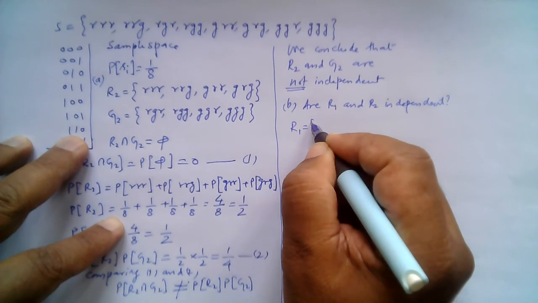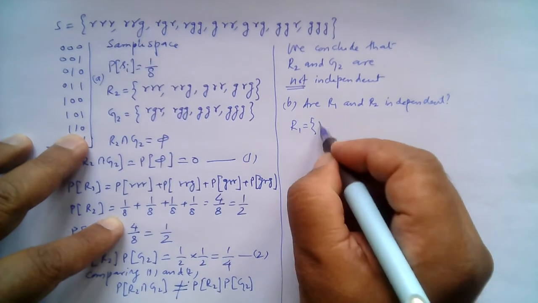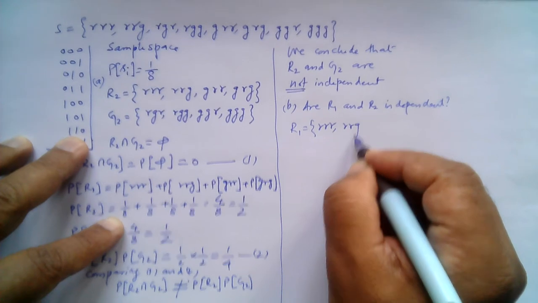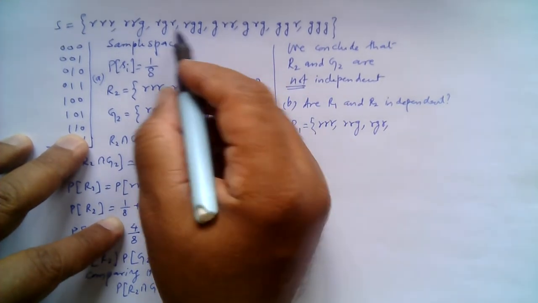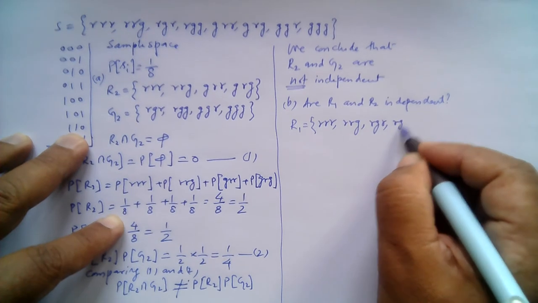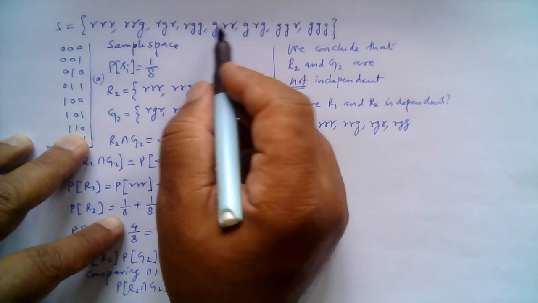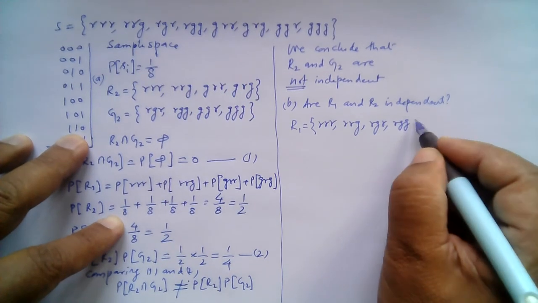So the event R1 is the event where the first light is red. So this RRR will be part of this event, this outcome, then RRG, then RGR, and then RGG, right? And here in these last 4 events, the first light is always green, so these are not part of this event R1.